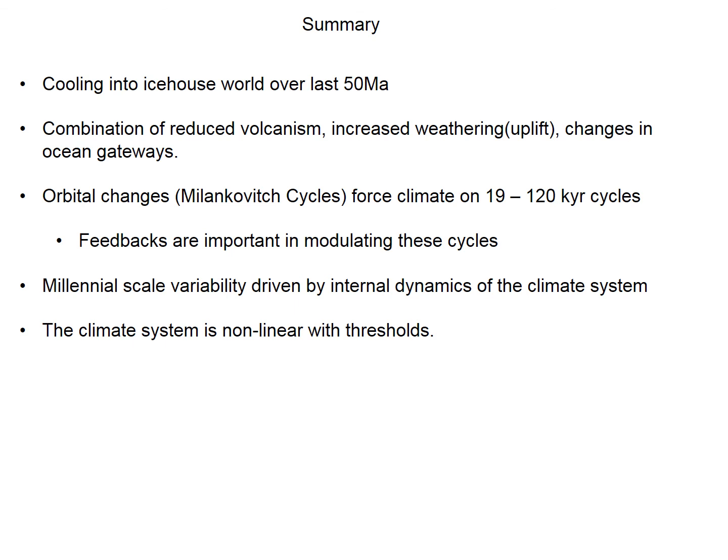And then on top of these changes caused by orbital variations over tens of thousands of years, we have shorter-term climate variability. The Earth's climate system is a very non-linear system, so it can flip between different states, and we saw that those states are not necessarily the same all around the world, so you can get regional variations as well.